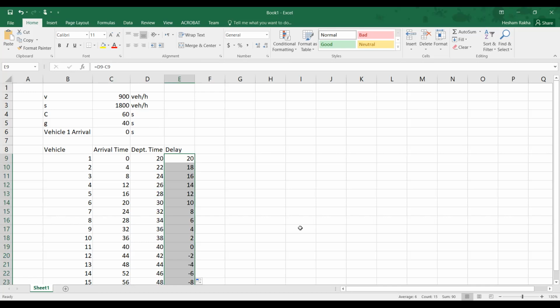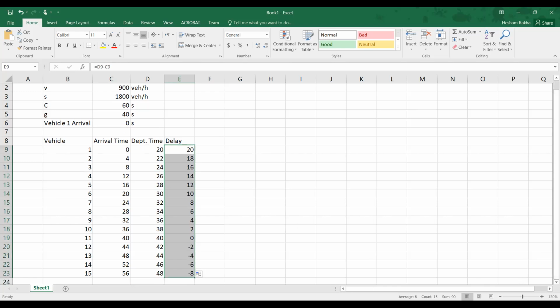And that gives me now, there's something wrong with this equation, that we're getting negative delays. Is that correct? Why is that happening? Why are we observing negative delays?